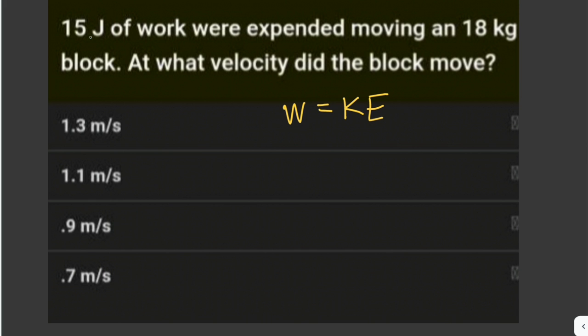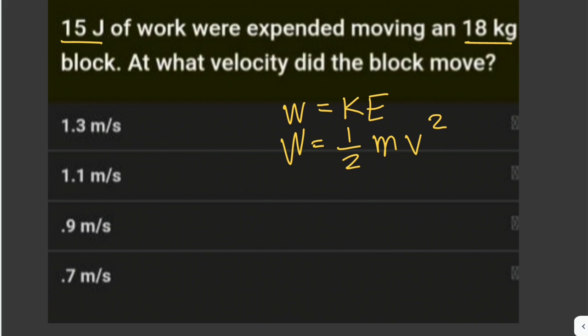So we can just plug in everything that is given. We're given 15 joules of work and then the mass of the block, the object. So this is just equivalent to 1/2 mass times velocity squared.